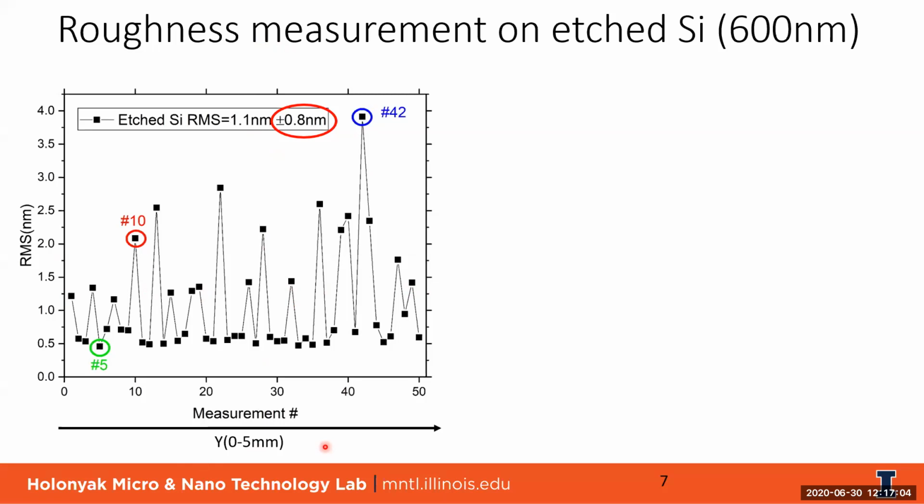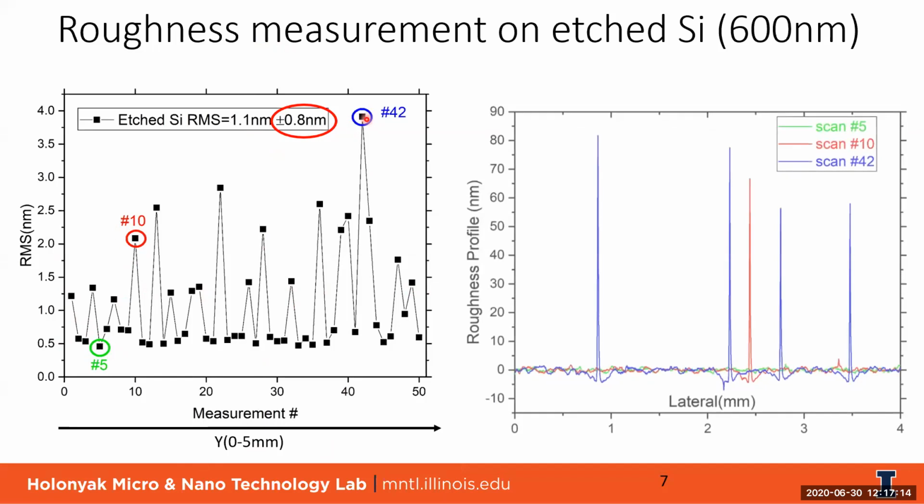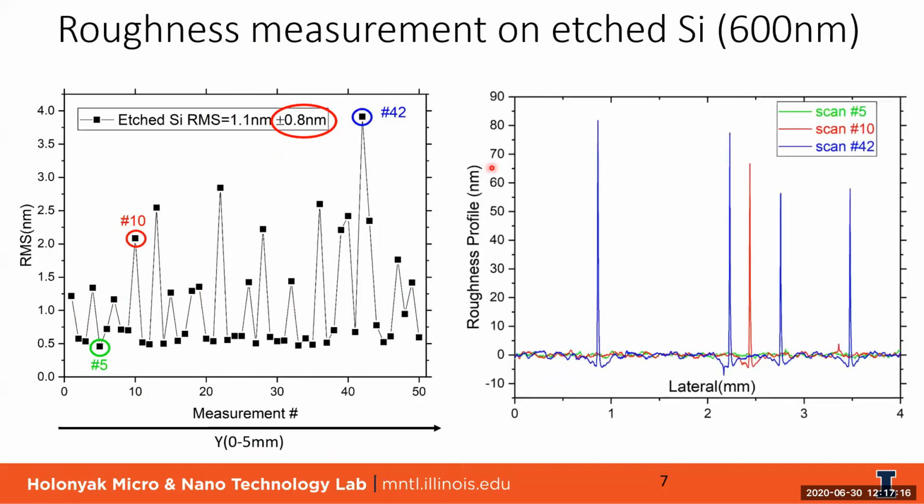So to understand what happened, I'm going to look at 3 different scans, scan number 5, scan number 10, and scan number 42. You can see the green one, scan number 5, the roughness is pretty small. You basically cannot see it on this scale.